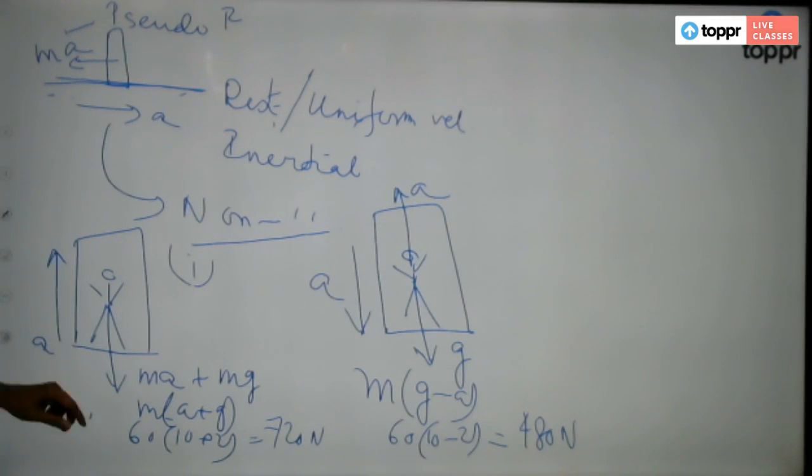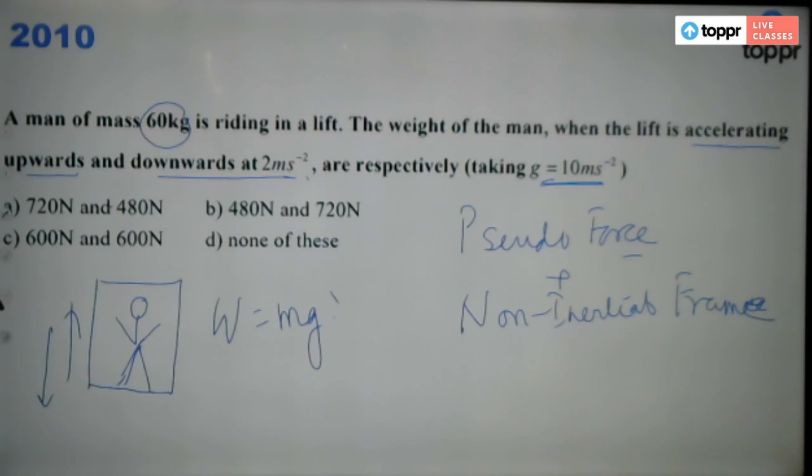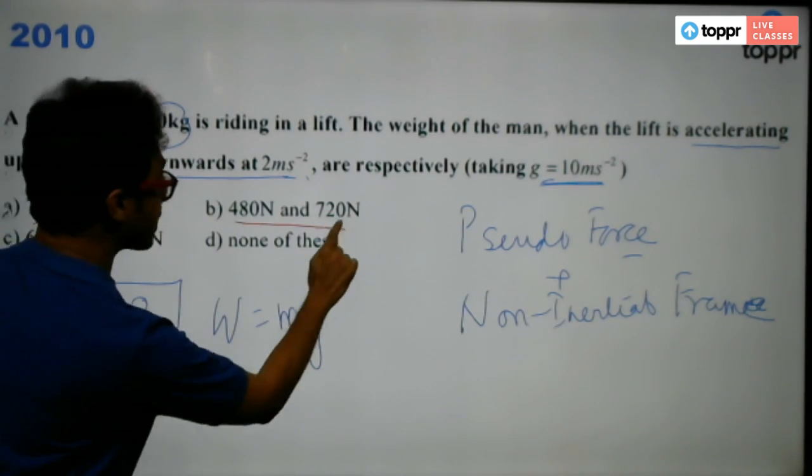Right? Okay, let us check the answer. See, 720 upwards, 720 and 480. Students, you need to be very careful while answering. See, 720 Newton and 480 Newton is marked here also, and at the same time it is marked here.